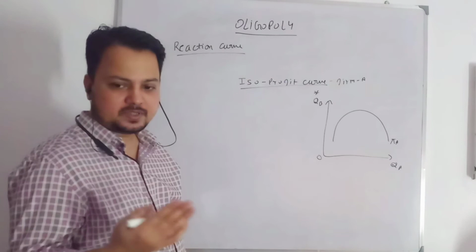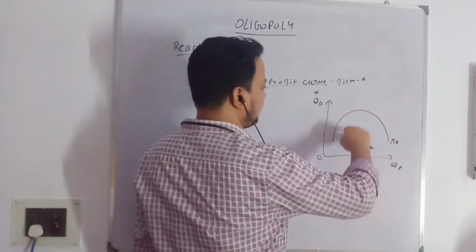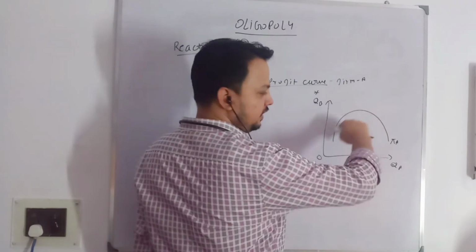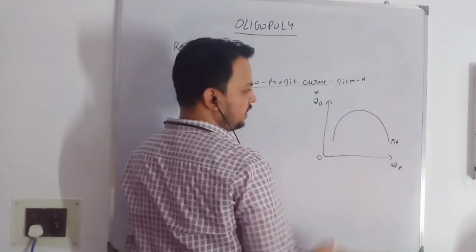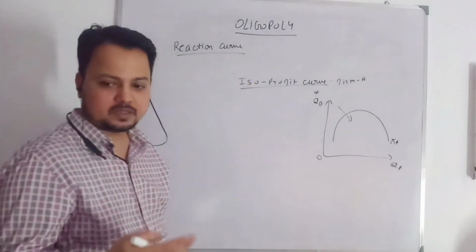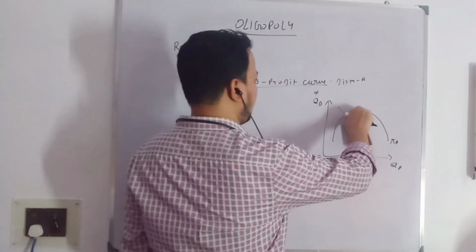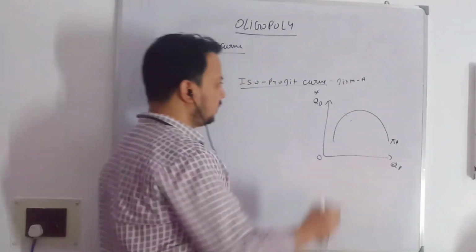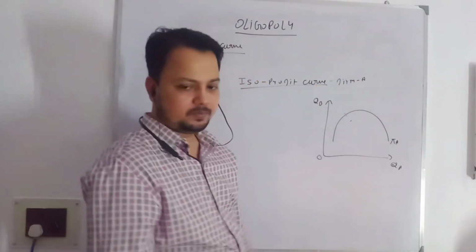Draw the indifference curve in such a way that it bends towards you, so that you can push it to maximize satisfaction. You push to a higher indifference curve and you will know that you are on a higher indifference curve. So here also I have used the same approach. This is the way your indifference curve or isoprofit curve will look like.